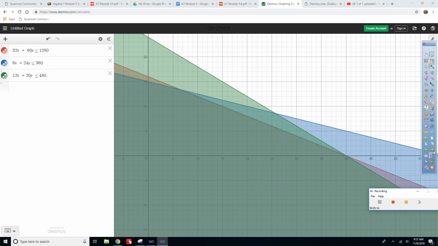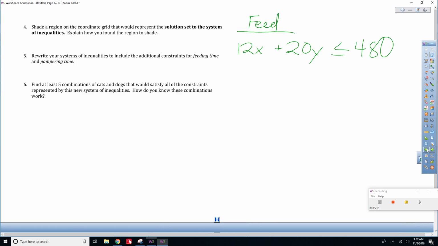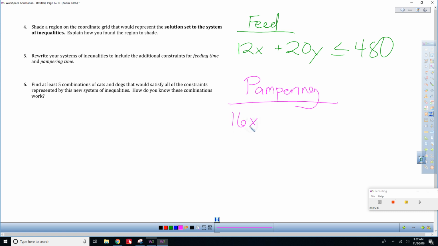All right, so we got one more to do, and that is our pampering constraint. Okay? Our pampering constraint was 16x plus 20y has to be less than or equal to 480.